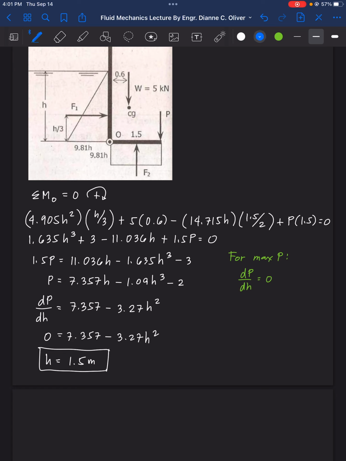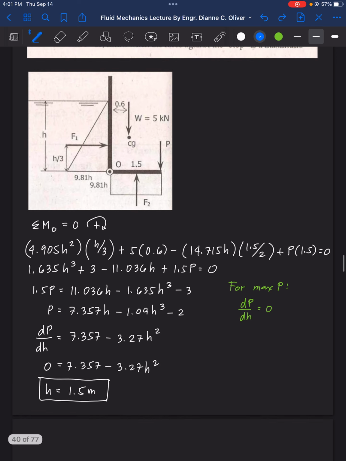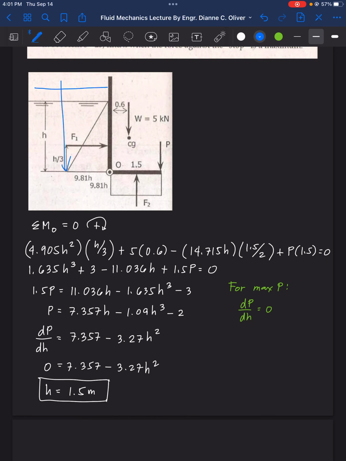So that's the height that will give this force here a maximum value. It's not necessarily that the higher the value of h, the higher the value of P. Remember that this force here tends to open the gate, whereas this force here tends to close the gate.